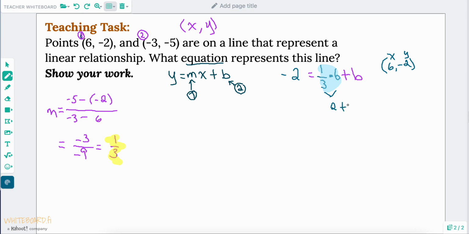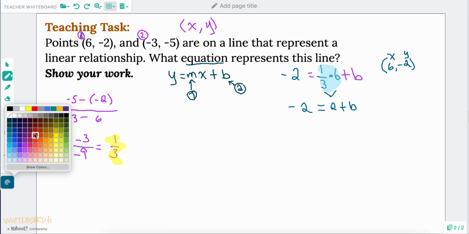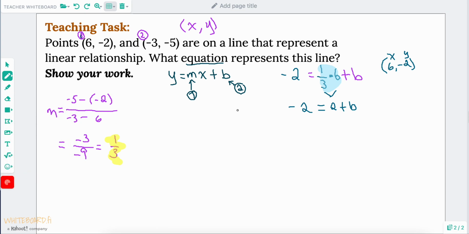So 2 plus b has to be equal to -2. At this point, the only way to solve this is to use inverse operations, and maybe it's not the only way, but definitely one of the ways that can be solved. It is definitely going to give you your result, right?